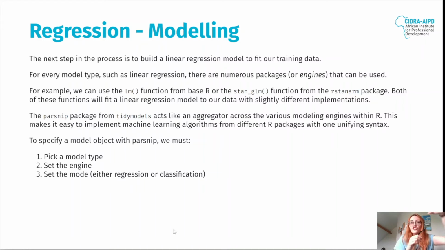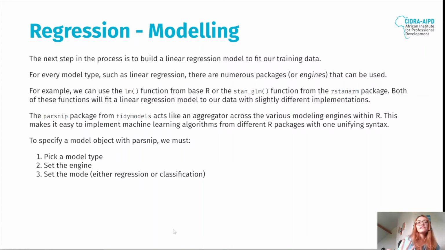Because each engine is going to have its own way to call the model, call the function, apply, summarize things. But using parsnip, you have a standard way of doing everything, and usually it won't matter which engine we want, as long as the engine is recognized by the parsnip package.